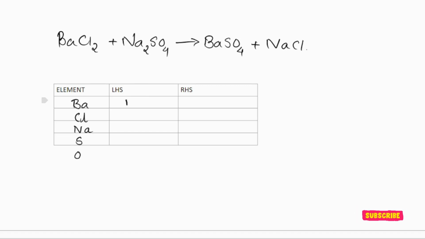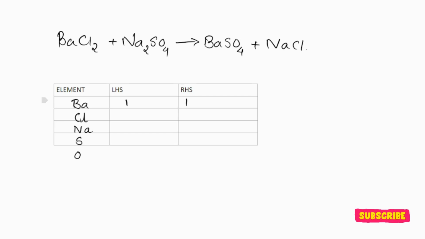Barium is 1 each on both sides. Chlorine is 2 on left hand side and 1 on right hand side. Sodium is 2 on left hand side, 1 on right hand side. Sulfur is 1 on both sides. Oxygen is 4 on both sides.